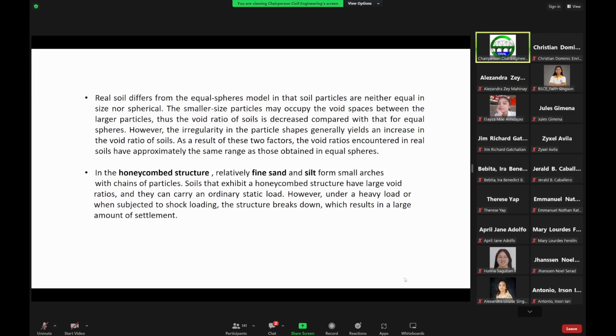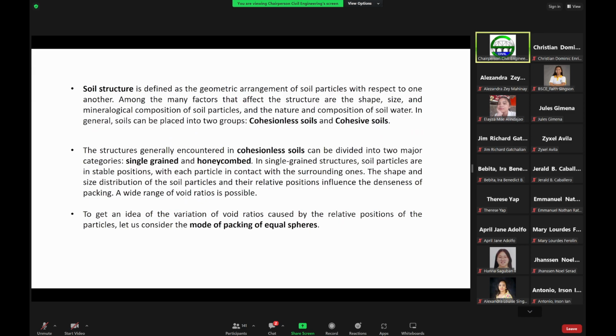Now, aside from the single grain structure, we also have the honeycomb soil structure. In the honeycomb structure, relatively fine sand and silt form small arches with chains of particles.